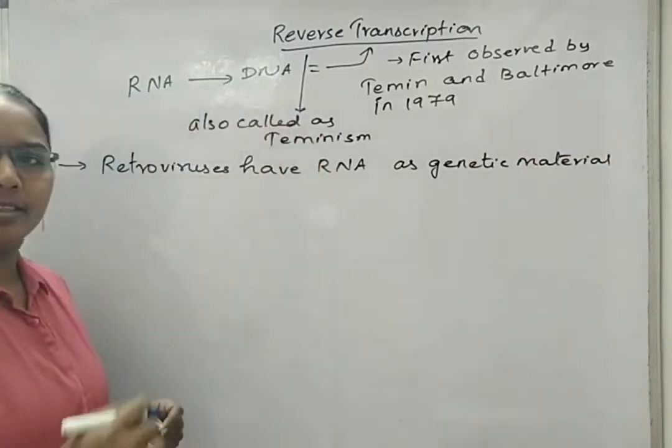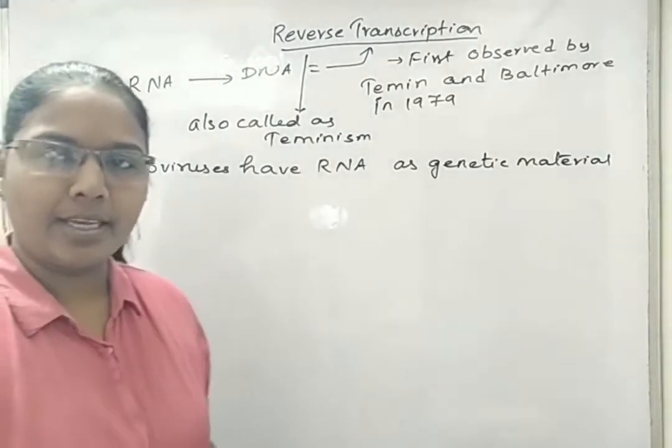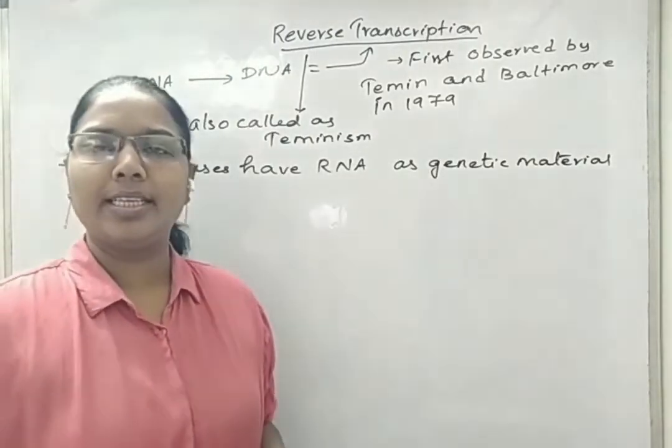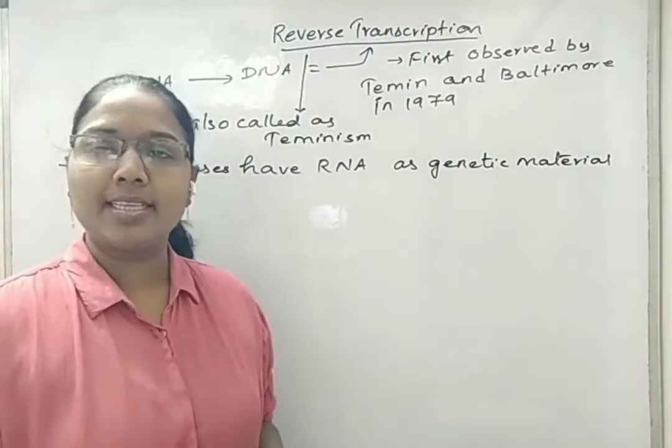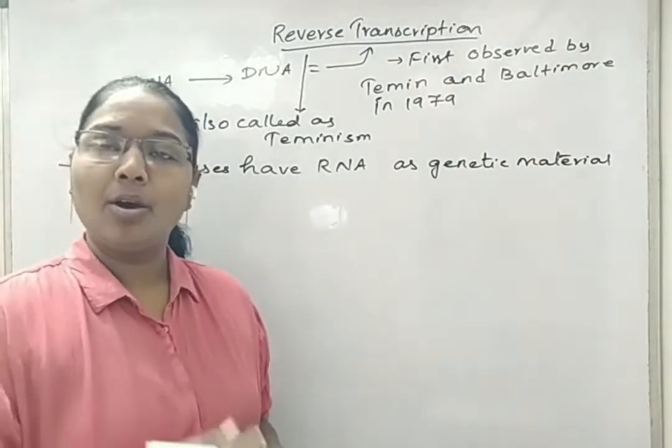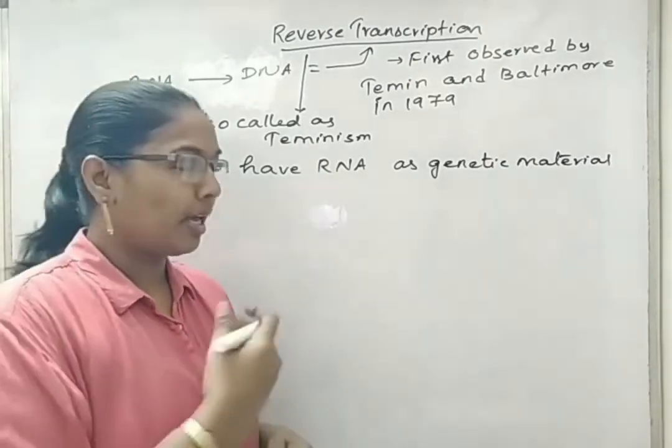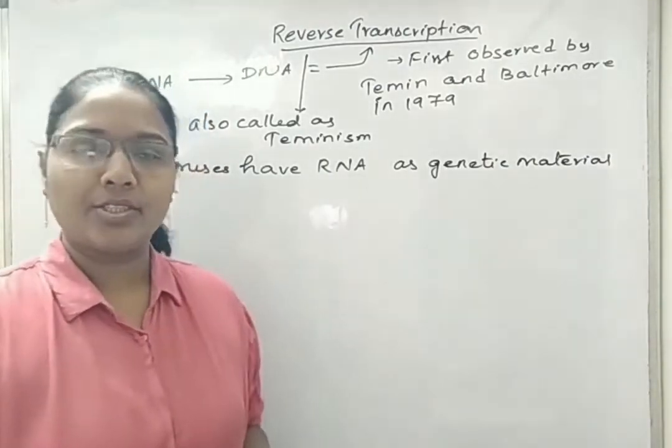So, for their survival, when they infect a host, they synthesize a new DNA that is related to their gene sequence, and that can synthesize the proteins and the enzymes or the viral particles according to their body structure.